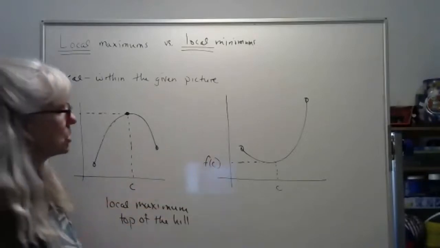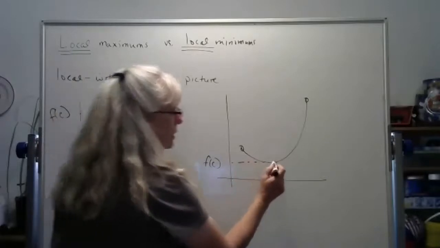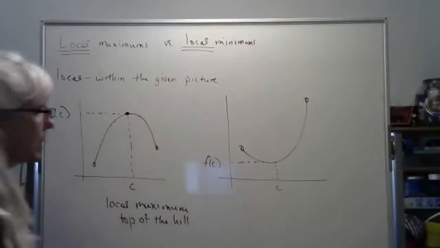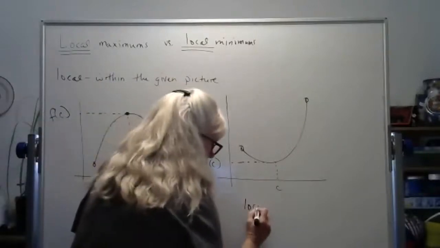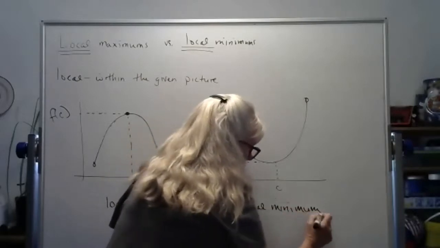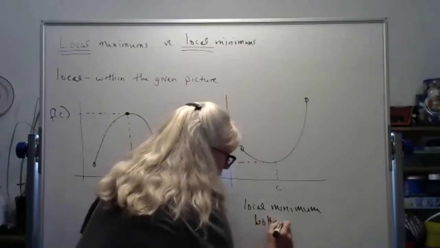On the other picture, what you're going to notice is that this graph goes from decreasing, walking downhill, to increasing, walking uphill. So that guy becomes a local minimum. It's the bottom of the valley or the trough.